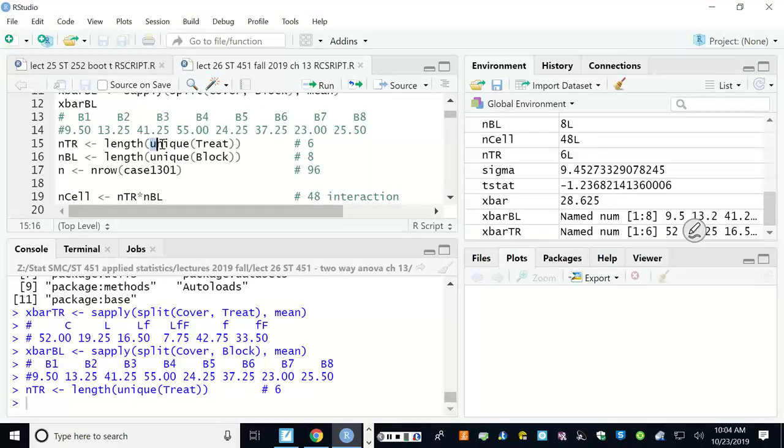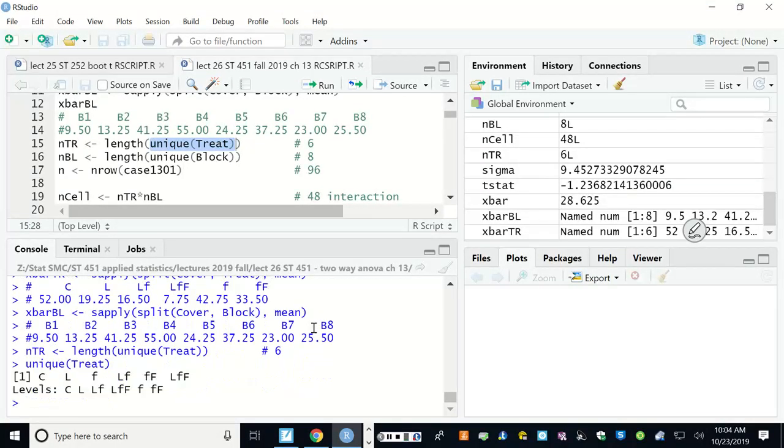This unique command in R, where treatment is a factor, or it would work with character strings, or levels if they're not too numerical, tells you how many unique values there are. In working with character strings or factor variables, there's a unique command and a levels command, and they'll give you back some basic summary information.